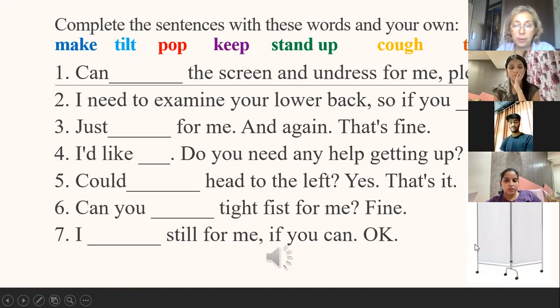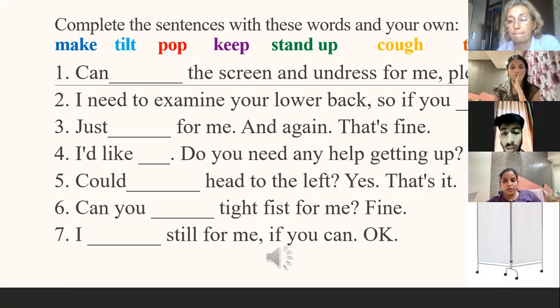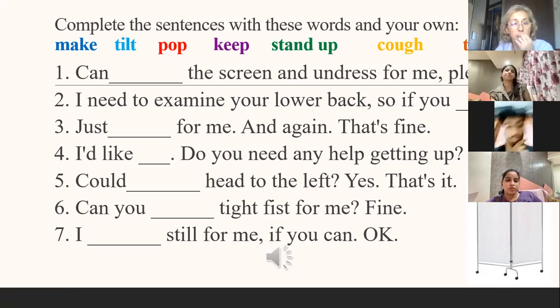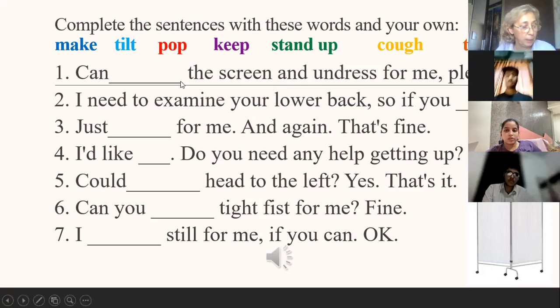You can also see the picture that illustrates one of the sentences. What is there in the picture? This is a screen, yes, a hospital screen. Now let us have a look at the sentences and decide. You should choose one of the words given here, and you can also add something else to the sentences.